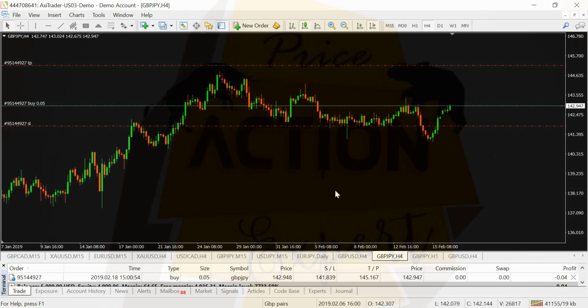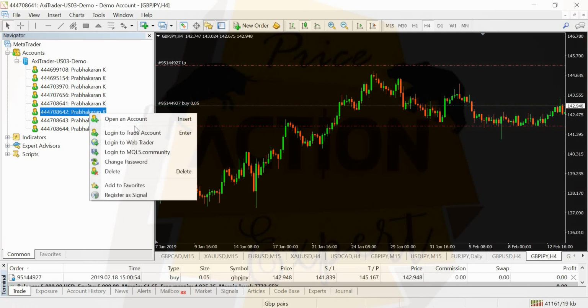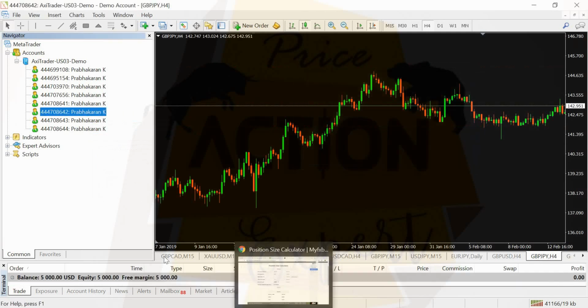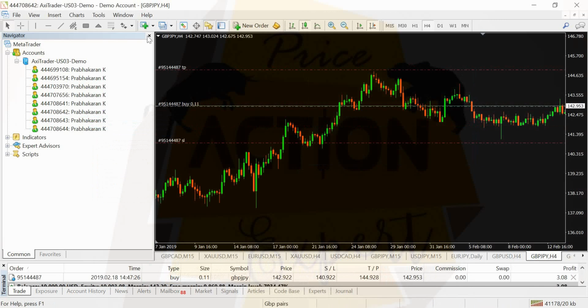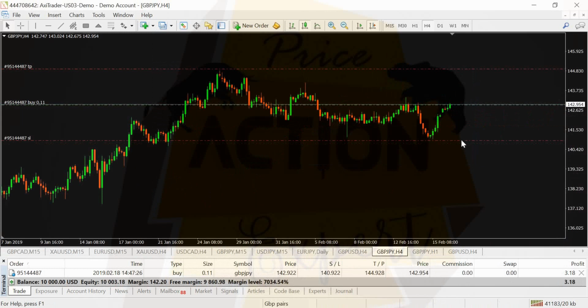Okay, I will show you how to do that. This is a 5,000 account. Let's say we are going to a $10,000 account. I already placed a trade here. See here actually, this is 200 pips.